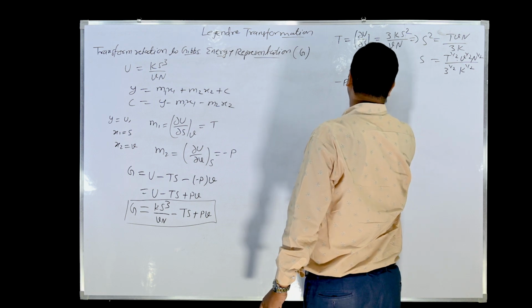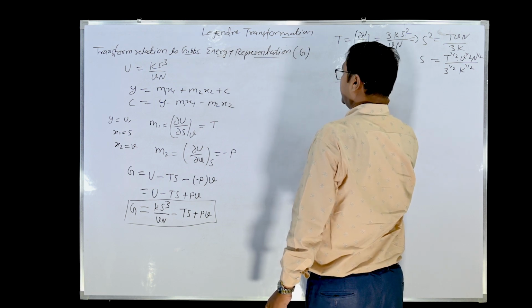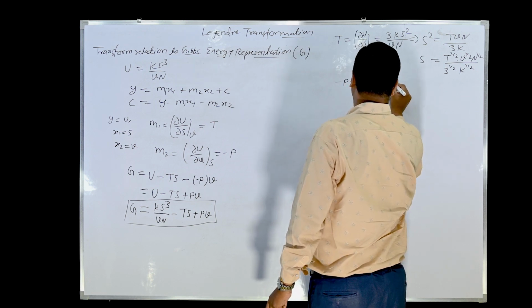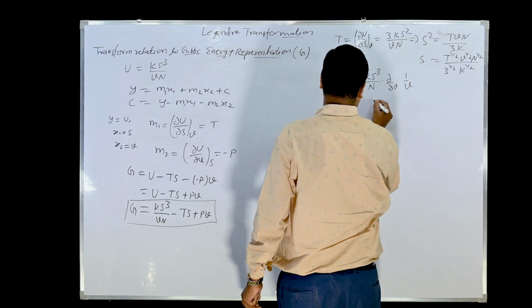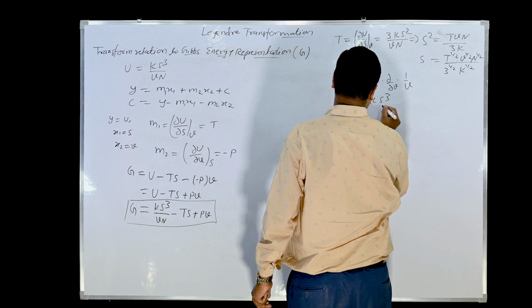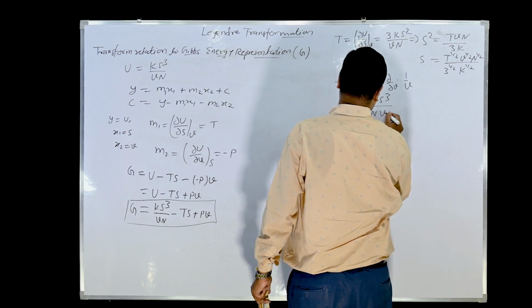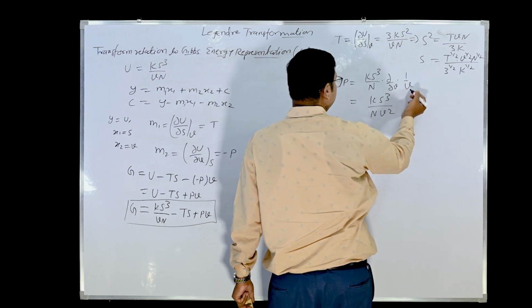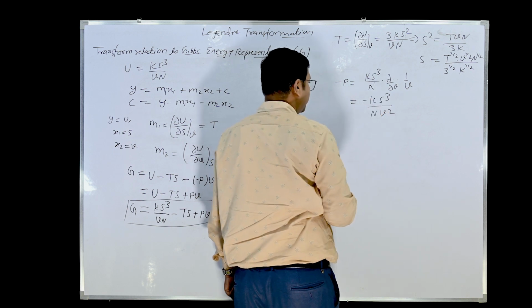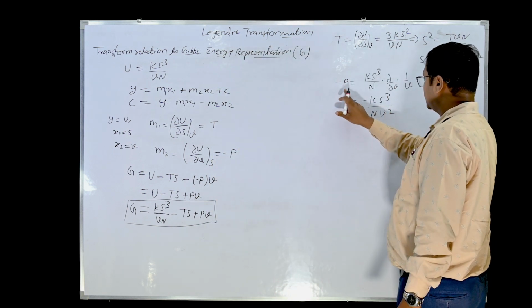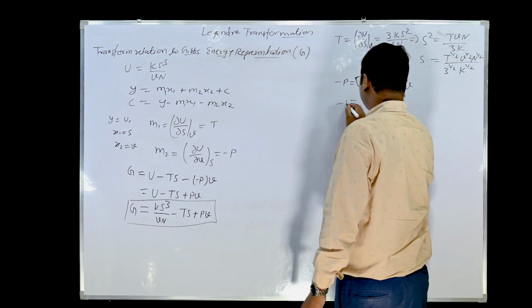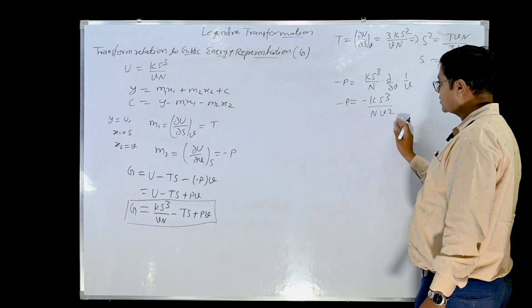So this will become K S cube by N times dou by dou V of 1 by V. By solving this, we will get K S cube by N V square, and because this is in the denominator, the minus symbol will come here. So here we have the relation of minus P equals minus K S cube by N V square.